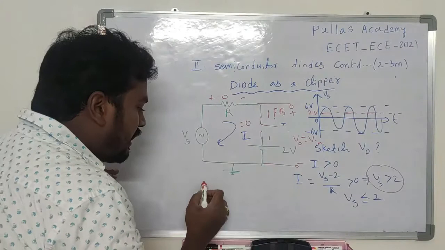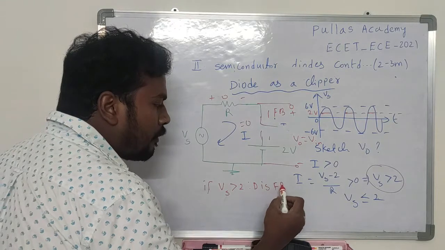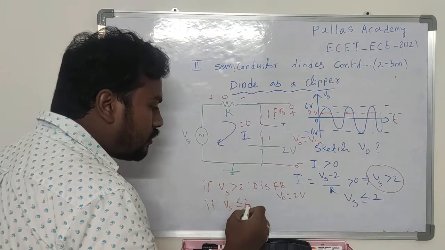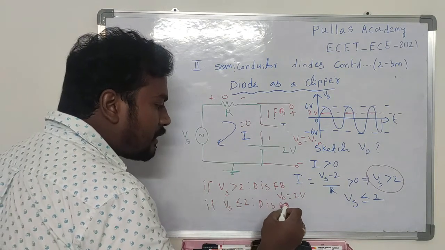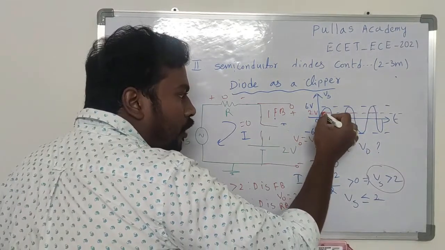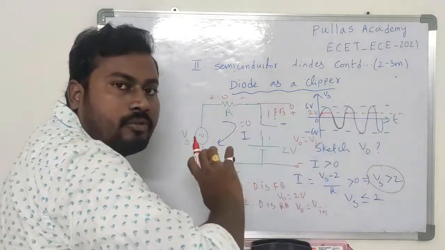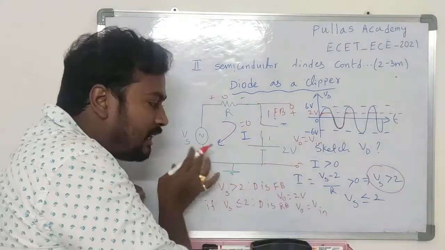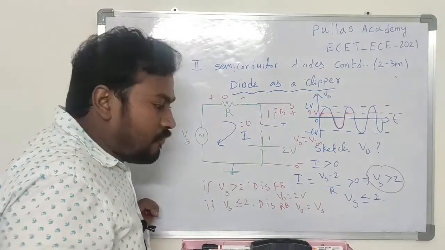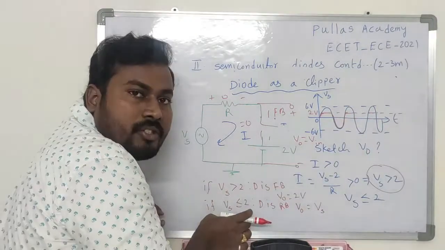Please understand that. If Vs is more than 2, the diode is forward biased and V0 is equal to 2. If Vs is less than or equal to 2, the diode is reverse biased and V0 is equal to Vs. So V0 follows Vs, the input source voltage, when Vs is less than or equal to 2.